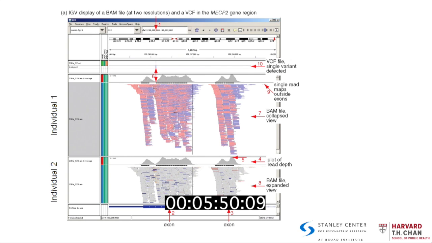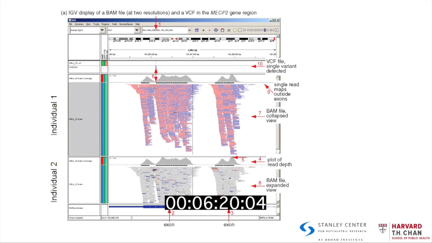And instead of having a solid block of identical coverage across this whole window, as we saw in the whole genome sequencing example, we have these peaks in sequencing focusing around particular regions, which, if we look at our gene schematic at the bottom of the slide, correspond to the location of exons.